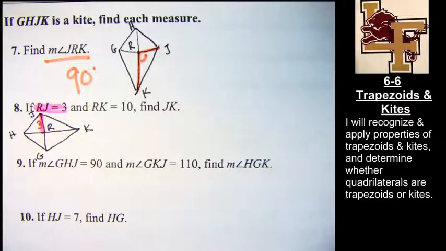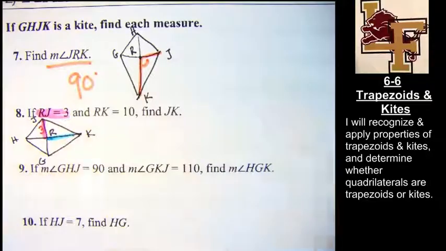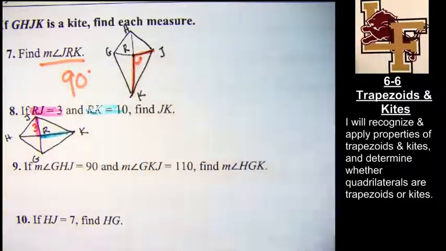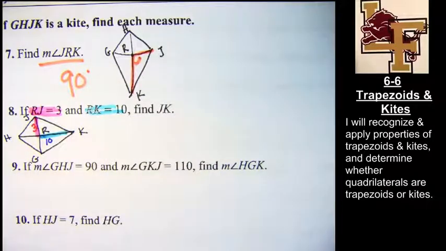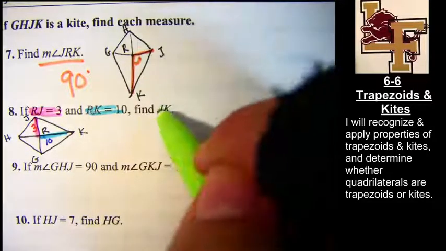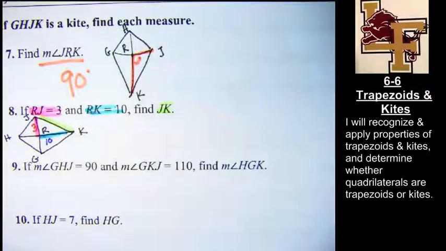And then I'm told that the length of side RK, which is right there, is 10. And then we're told to find JK, which is right there.